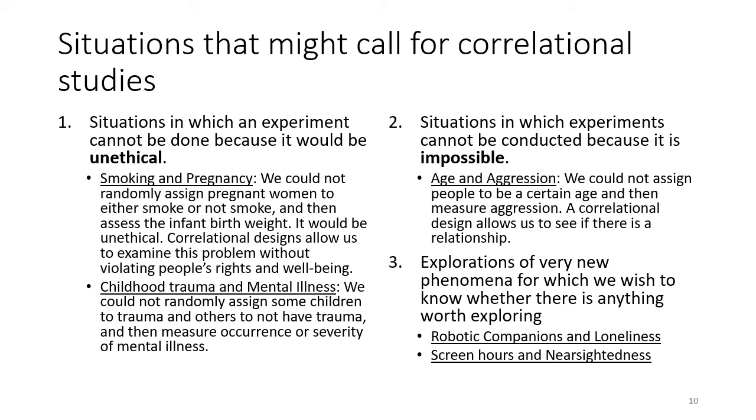So we might begin with a correlational study to see if there's anything going on that's worth investigating further. Another example is screen hours and nearsightedness. The ubiquity of screens is fairly recent, and so studying that through a correlation might be a good starting point. So when you think about your own studies, think about whether a correlation might be necessary for any of these three reasons.